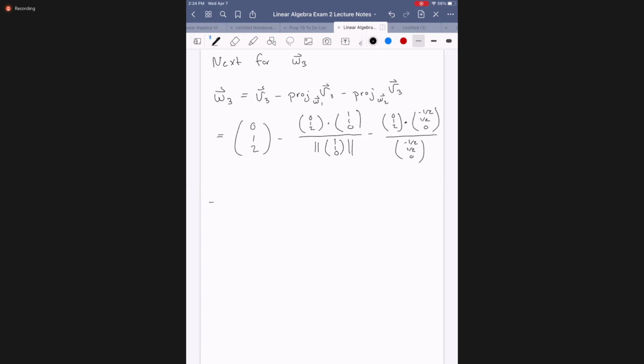So if you put this in your calculator or whatever you want to use, what should come out is (0, 0, 2). Okay.